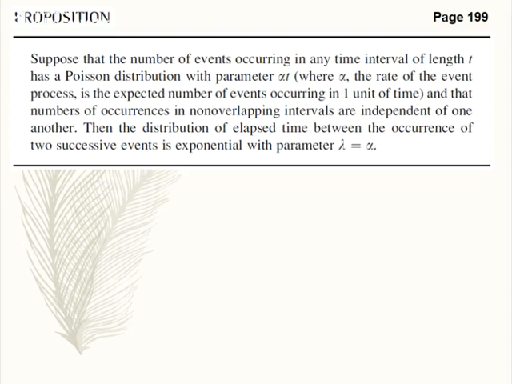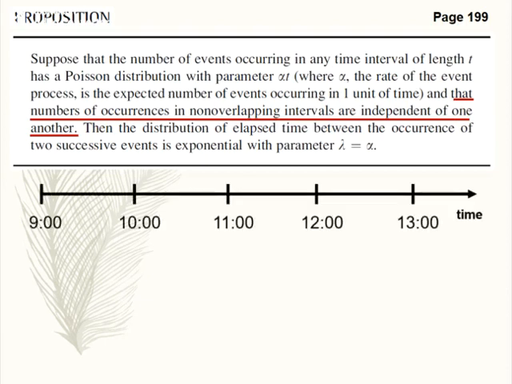Now let's have a look at the next part. It says suppose you have this Poisson distribution with parameter alpha t, and the number of occurrences in non-overlapping intervals are independent of one another. We're going to break down that part. Suppose we're still looking at this shop example.